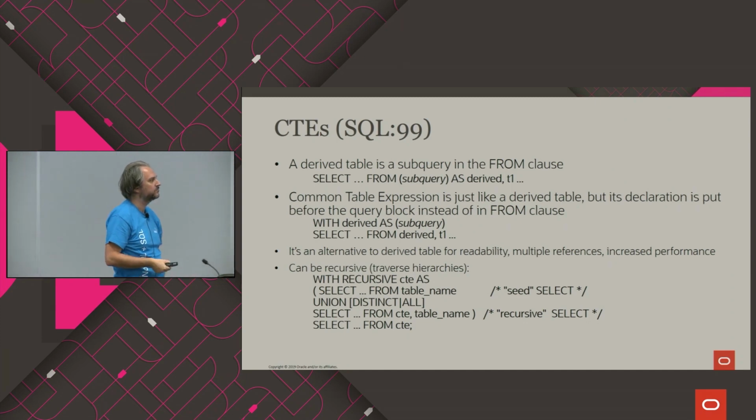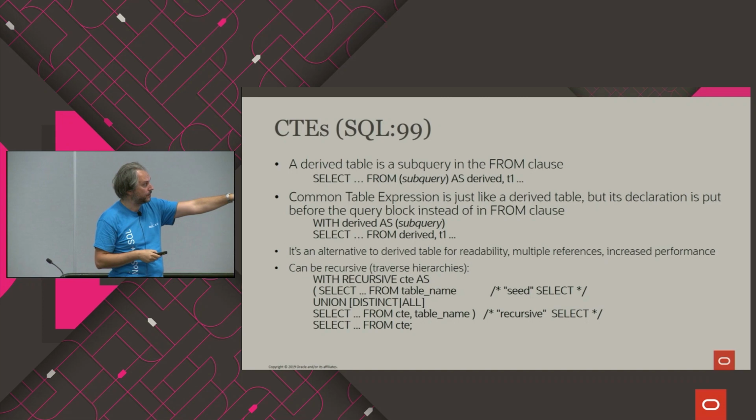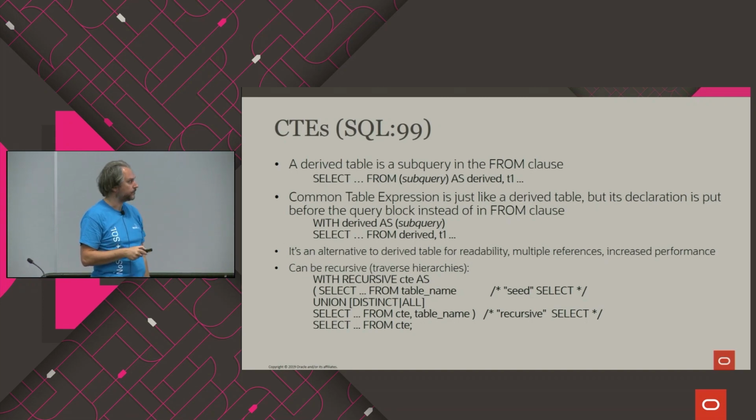So this is readable. You can reference it multiple times. And it increases performance, obviously, because if you need it 2 times, you don't have to recalculate it every time. So it simplifies the syntax of your query, and it gives more performance.